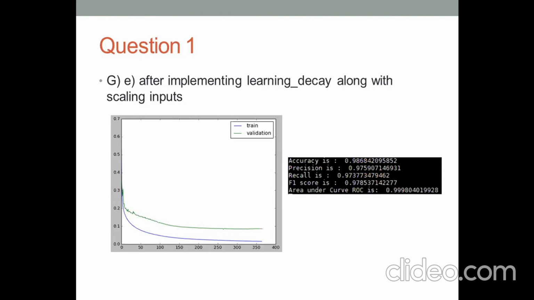So it's 0.99, 0.98 or something. So in here I uncomment the learning decay part and use it with scaled inputs, and I get this kind of plot. Yeah, as we will see later, it can go even lower.